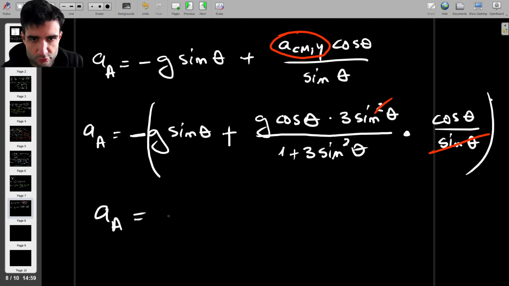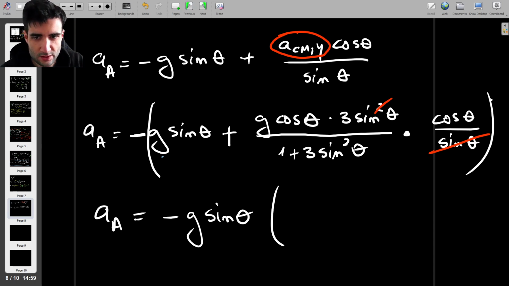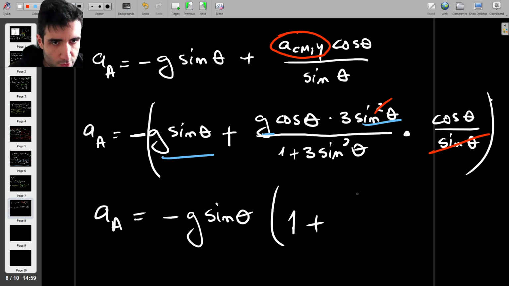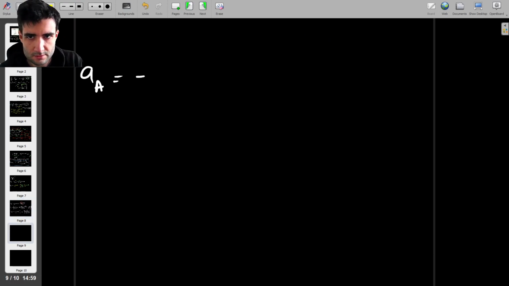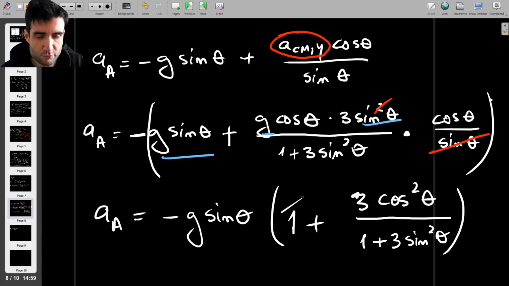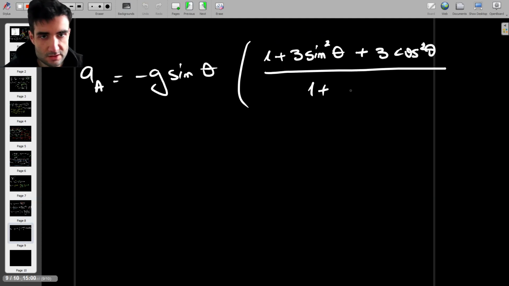So the acceleration of A will be equal to minus g sine theta times, so essentially I factorize g sine theta, in the brackets I should have 1 plus 3 cosine squared of theta over 1 plus 3 sine squared of theta, which can be simplified as minus g sine theta times, so we bring this 1, we multiply top and bottom with this denominator, so this is going to be 1 plus 3 sine squared of theta, and then plus 3 cosine squared of theta over 1 plus 3 sine squared of theta.